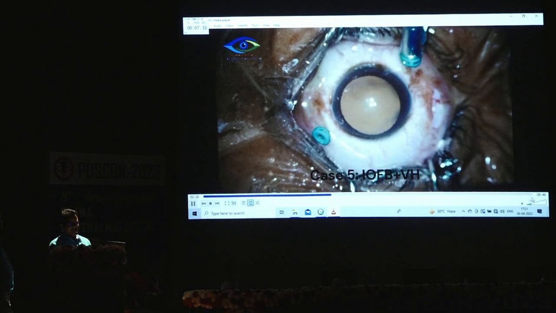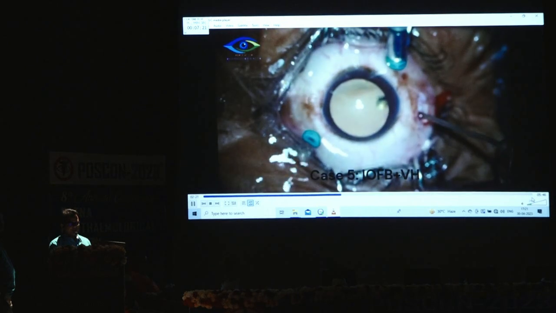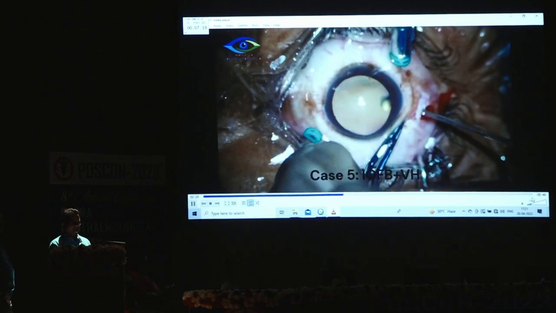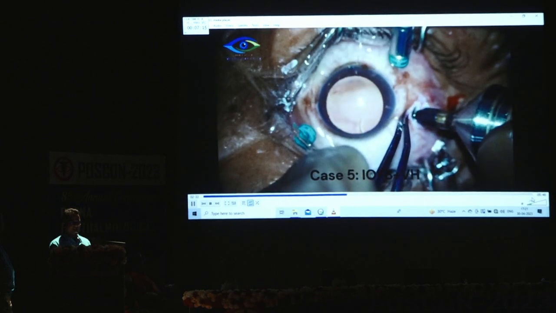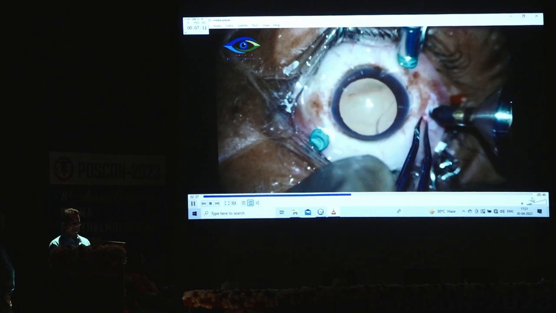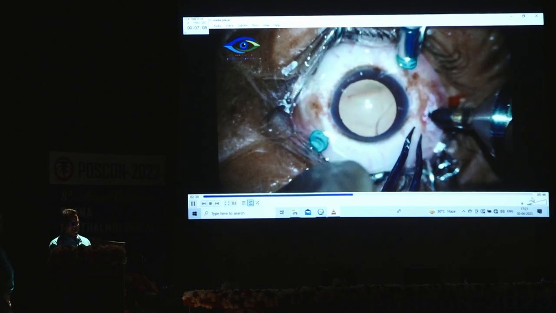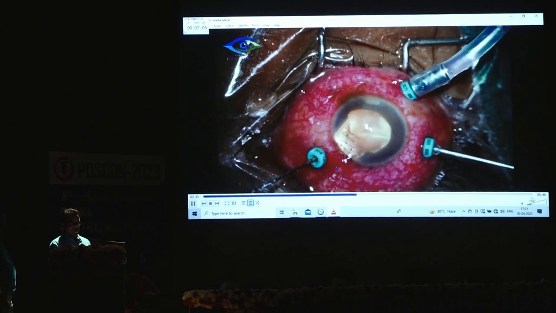This is the fifth case of intraocular foreign body with vitreous hemorrhage. The port site was enlarged with an MVR blade and the intraocular foreign body was removed with the help of a magnet and limbs forceps.